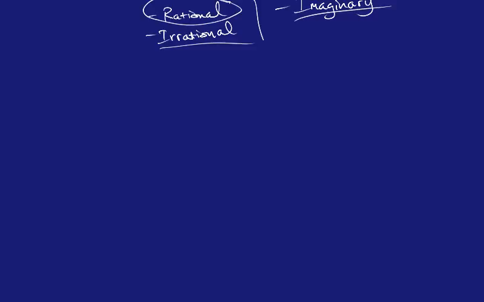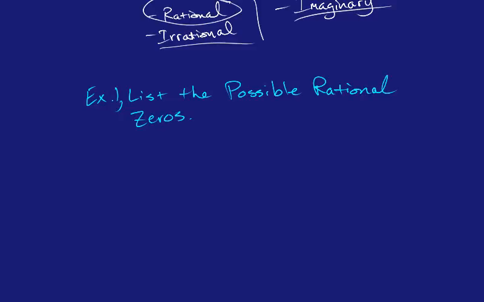So let's start it off with our first example. Example 1, list the possible rational zeros. If you want the exact definition, go read your textbook. But if you just want the simple explanation of what the rational root theorem is, here you go.